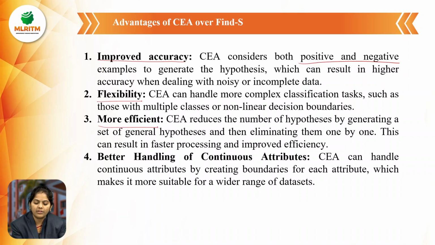The third is that it is more efficient. The CEA reduces the number of hypotheses by generating the set of general hypotheses and then eliminating them one by one, which can result in faster processing and improved efficiency. And the last is better handling of continuous attributes. It handles continuous attributes by creating boundaries for each attribute, which makes it suitable for a wider range of data sets.